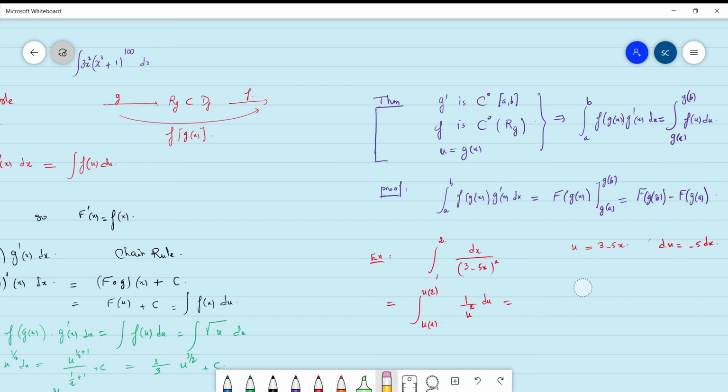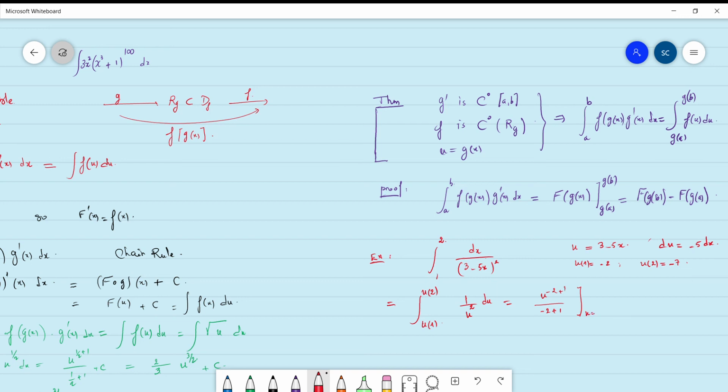So let's redo it. It will be u to the minus 2 plus 1 over minus 2 plus 1, okay. Take u at 1, it's 3 minus 5, which is minus 2, u at 2, 3 minus 10, it's minus 7, okay.